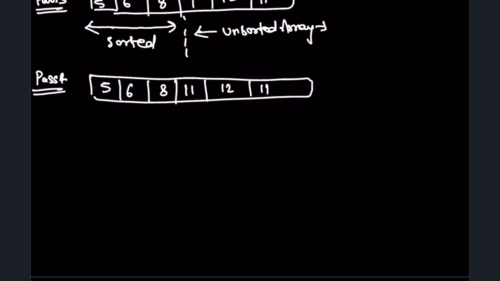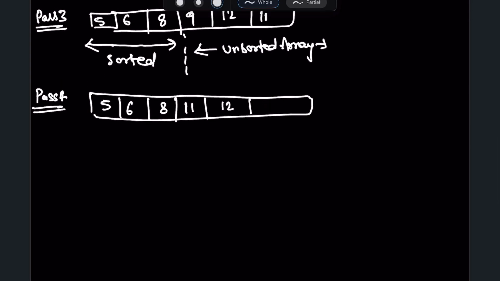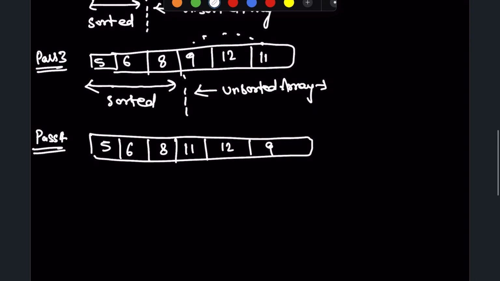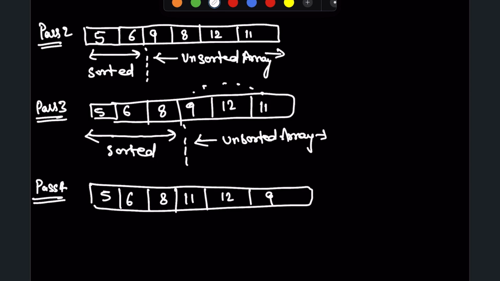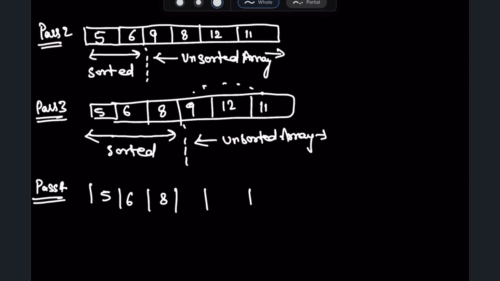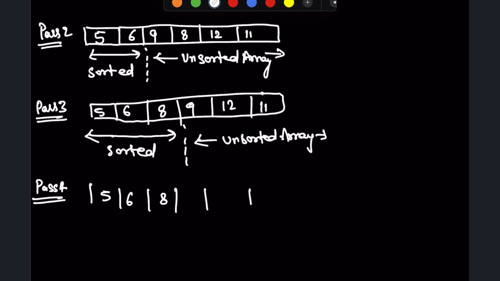Here the minimal element is 9, and it is already at the first position of the unsorted array. So we will not do anything here.